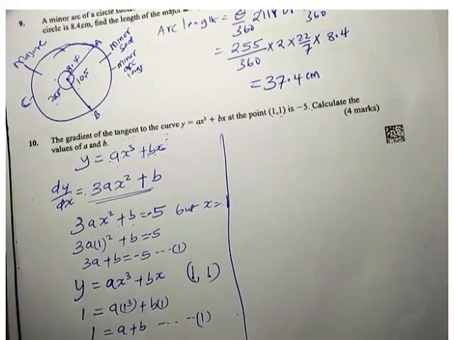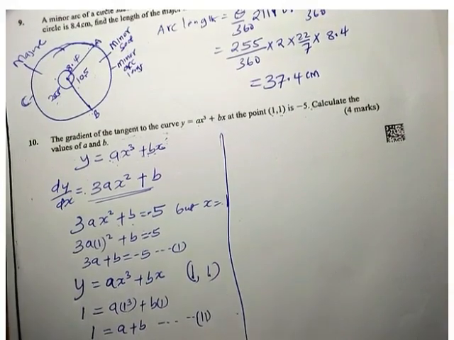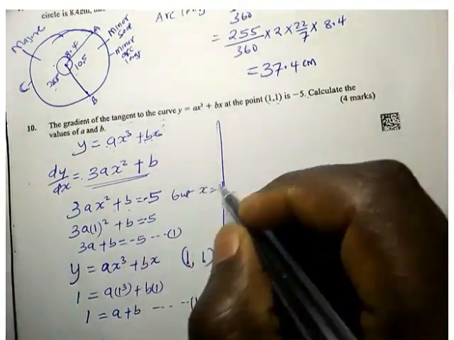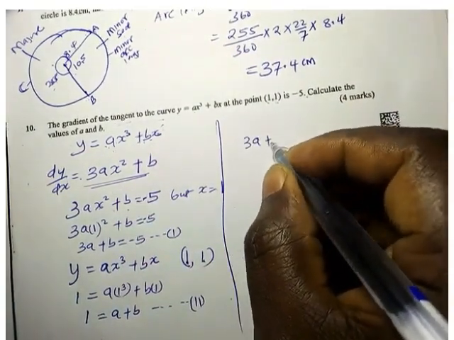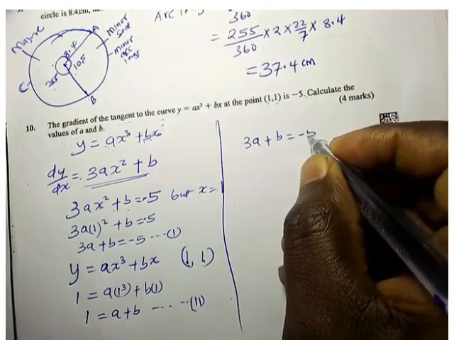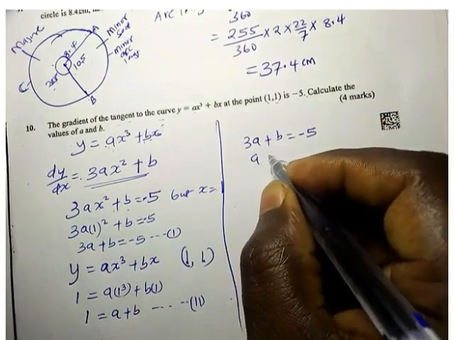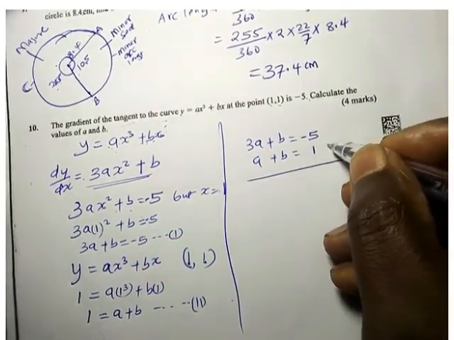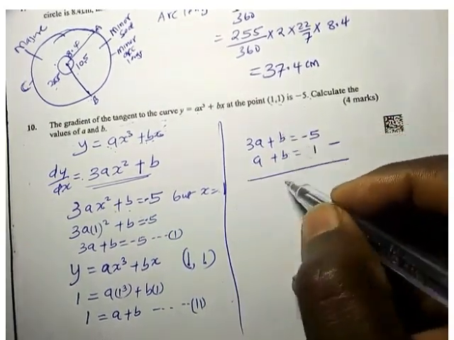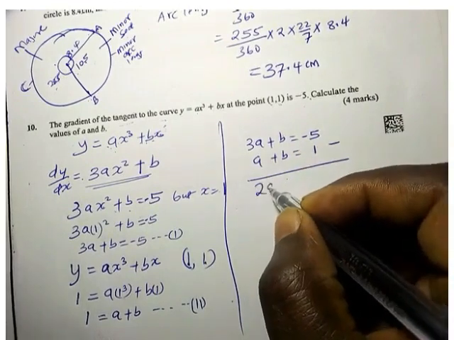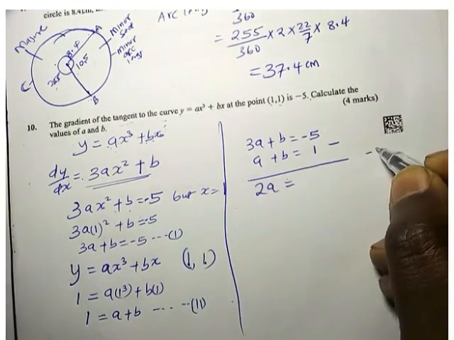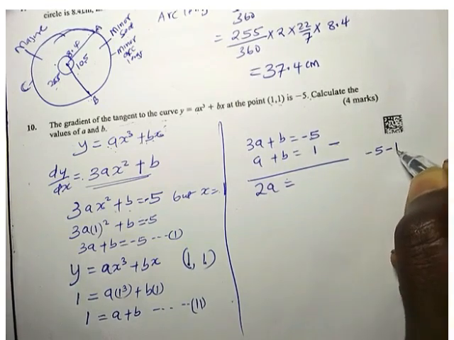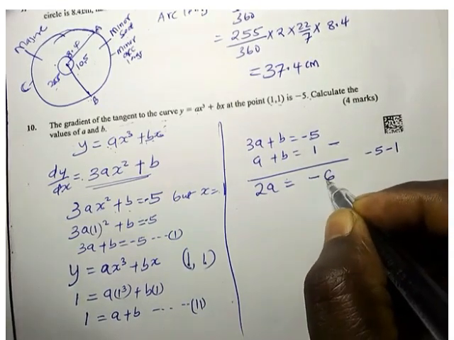Now we are going to use equation 1 and equation 2 to solve for the values of a and b. We have the first one as 3a plus b equal to negative 5, and then a plus b equal to 1. You will just subtract to eliminate b. This one is 0. This one is going to be 2a equal to negative 5 minus 1, and the answer is negative 6.